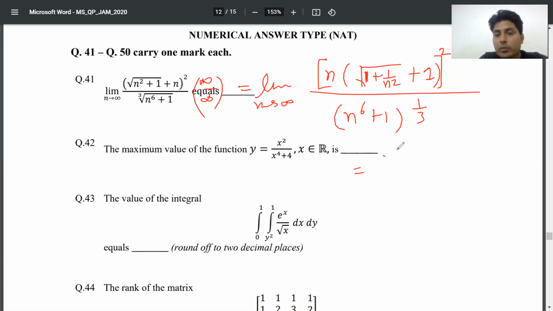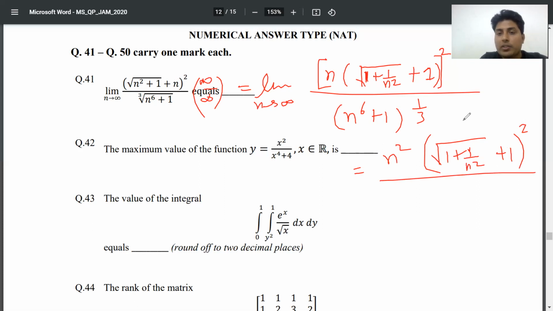In the numerator, it will be root under 1 plus 1 by n square, plus 1, with n square on each term. In the denominator, we take n raised to the power 6 common from the bracket. After the bracket, it will be n raised to the power 6 into 1 by 3, so 6 into 1 by 3 gives n square, and you will get 1 plus 1 by n raised to the power 6, whole power 1 by 3.